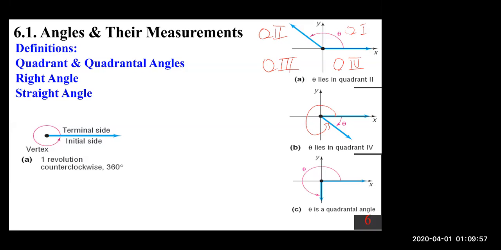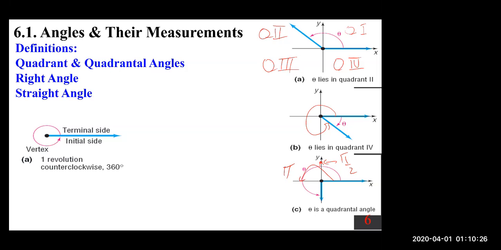If it ended up here, for example, it would be pi over 2. Here would be pi or 180 degrees, known as a straight angle. And you may go the whole rotation, 2 pi radians or 360 degrees.